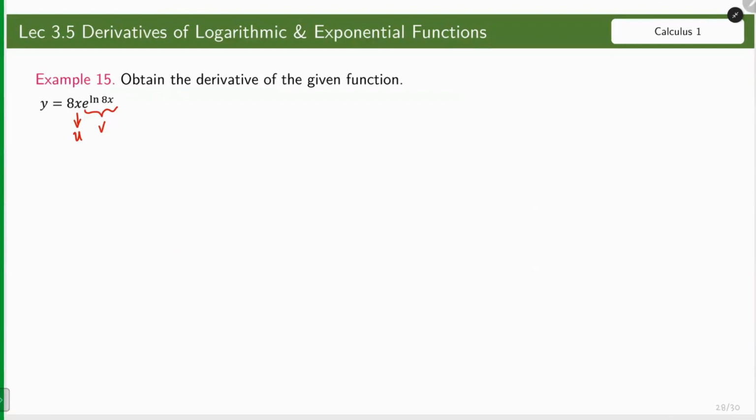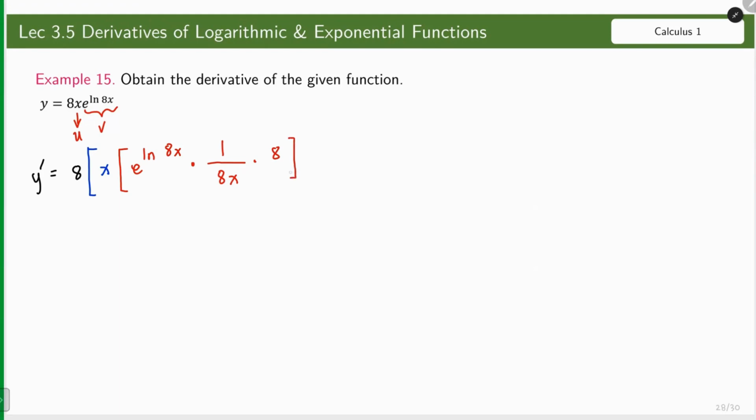Let us get the derivative using the product rule. So here we have 8 times U dV. Okay, U and then dV. For the dV, we have here e raised to ln of 8x and then times the derivative of ln 8x, we have 1 over 8x times 8.